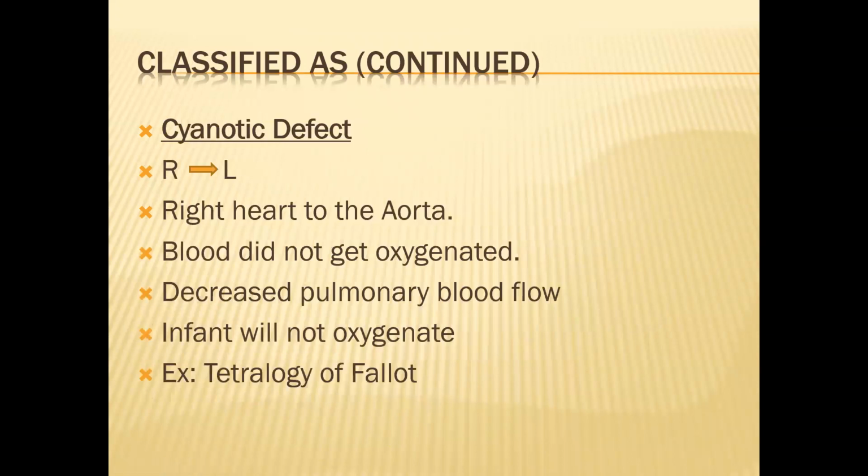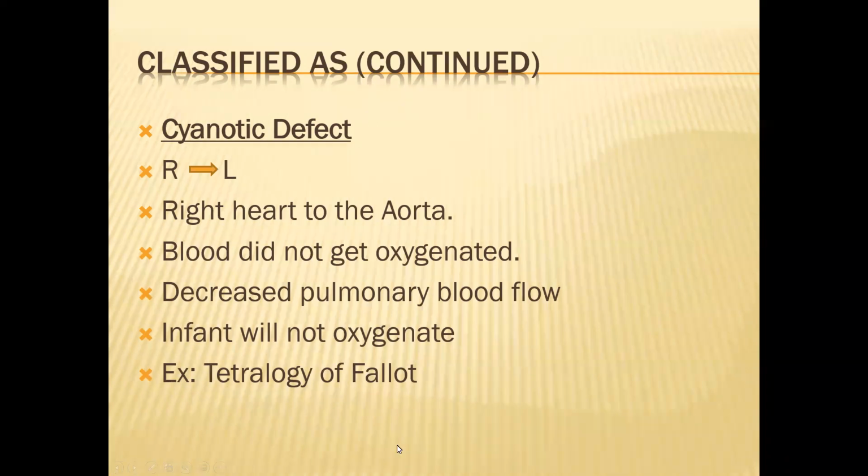So I'm putting them on the list without explaining them for the moment. The next category is the cyanotic defect, where blood is in the pulmonary artery and it ends up getting into the aorta. So from the right heart to the aorta, blood does not get oxygenated. It causes a decrease in pulmonary blood flow. The infant will not oxygenate.